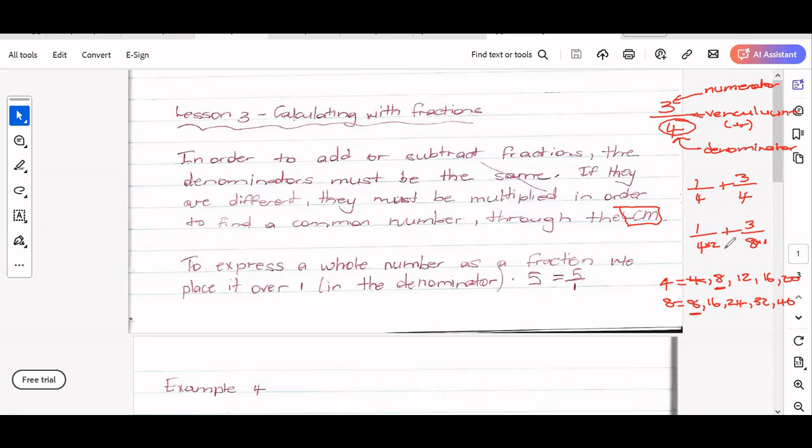Now, we can't just multiply the denominators just like that. It has to be the same fraction or an equivalent fraction. So if we multiply this 4 by 2, in order for it to still be 1/4, we also have to multiply the numerator by 2. Whatever we do on the bottom, we must do on top.